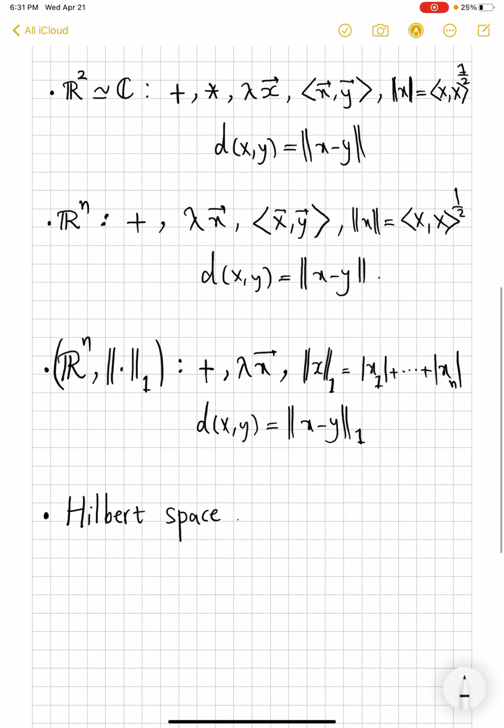You can also say Rn is a Hilbert space. So a possibly infinite dimensional vector space together with a norm.